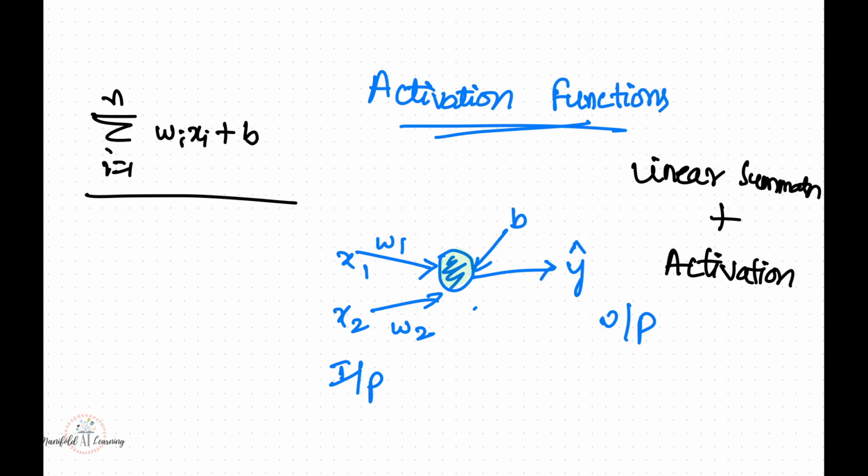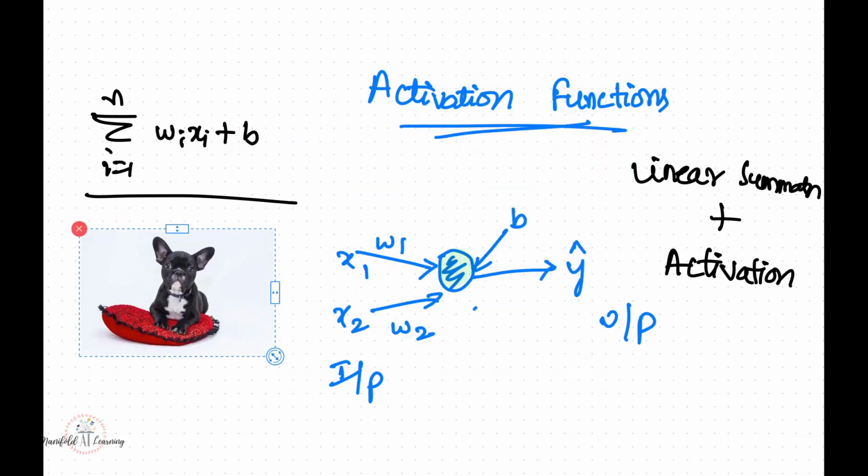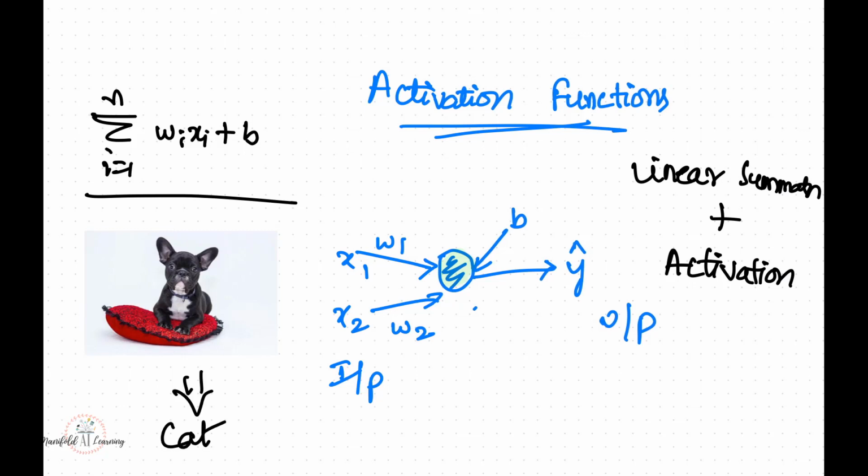I have an image of a cat, and I want to classify this image as containing a cat and not a dog. That means I want to classify a given image as containing either a cat or a dog. It's a simple binary classifier.